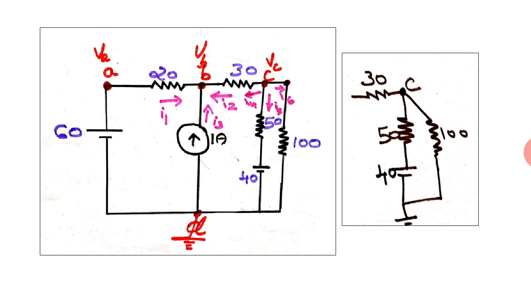The only difference is in the case of I5: current is V by R, where the voltage is VC minus 40, so I5 is VC minus 40 by 50. This is what we need to be careful about while taking the branch current through the 50 ohm resistor.